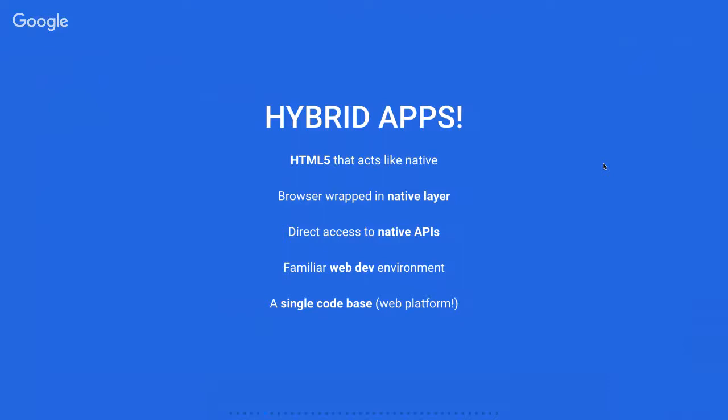This is all in a familiar web dev environment, so this is something that you maybe are working with most of your day if you're a web developer. And more importantly, it's a single code base. Okay, this is one code base that you can deploy and create an APK and an IPA file for Android and iOS.